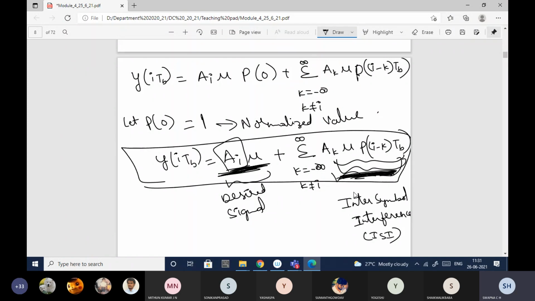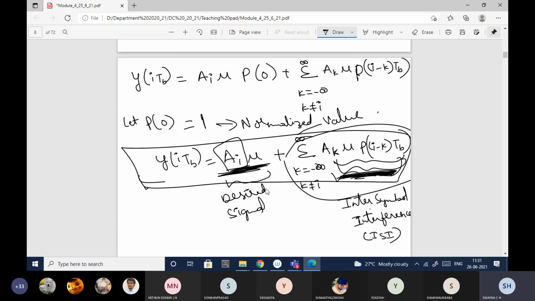You may ask, ma'am, how are we saying it is inter-symbol interference? Because this k corresponds to other symbol values only. That is the reason this entire term is nothing but the energy corresponding to the other symbols, which is the inter-symbol interference, ISI. This is the final equation which you need to derive.